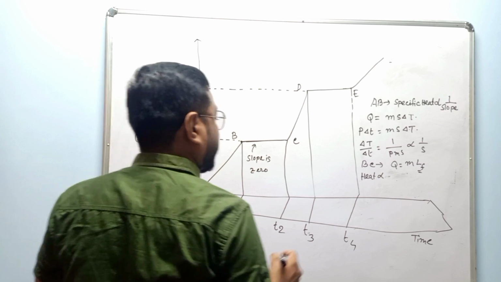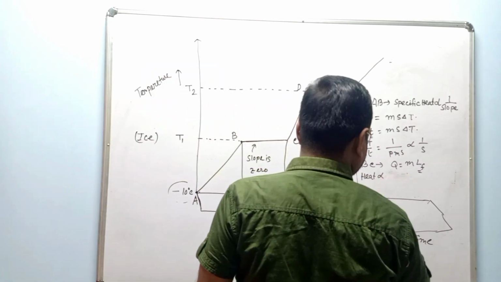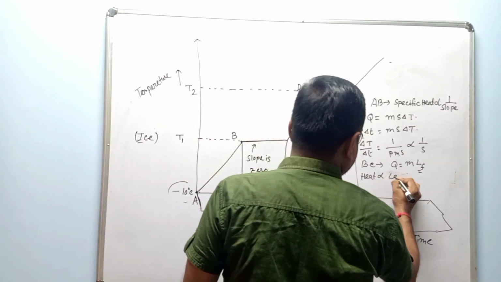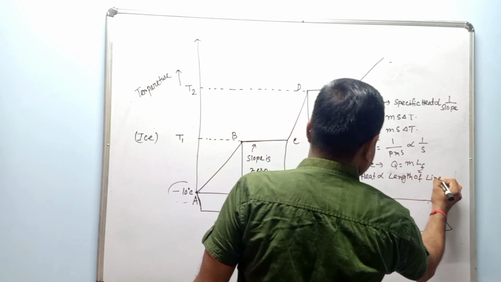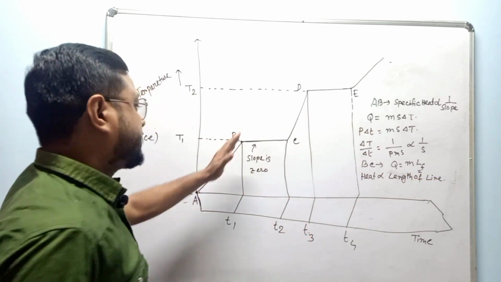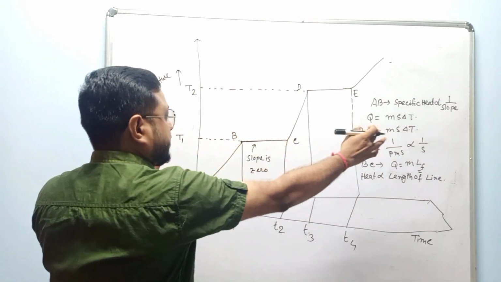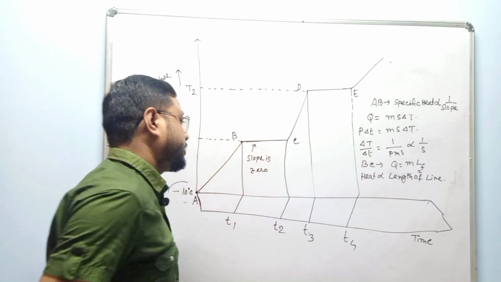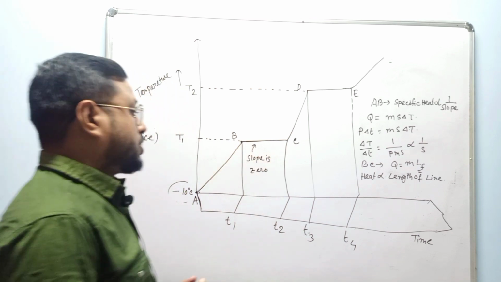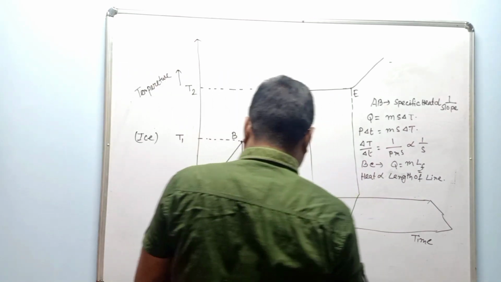So here heat is directly proportional to the length of the line BC. If the length is increased, then more heat is required. If the length is small, less heat is required. That is the time elapsed.